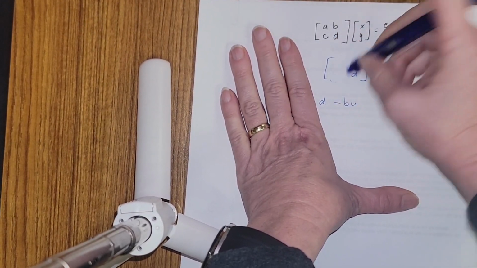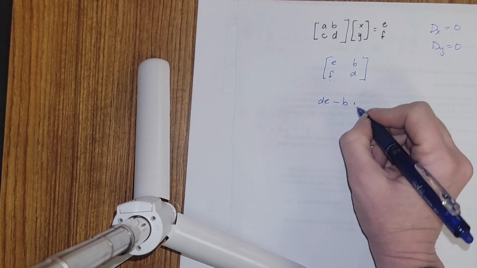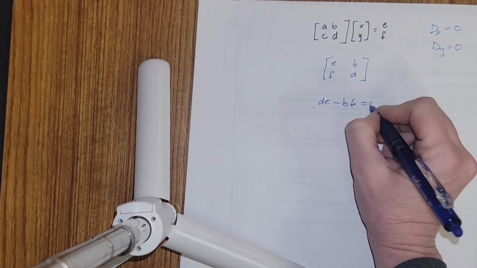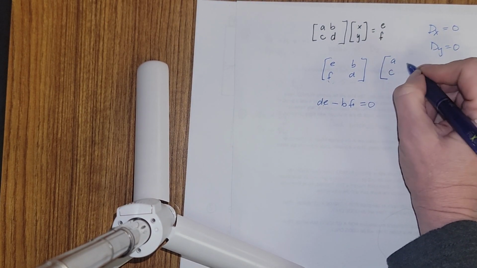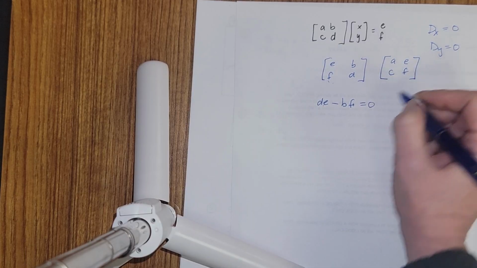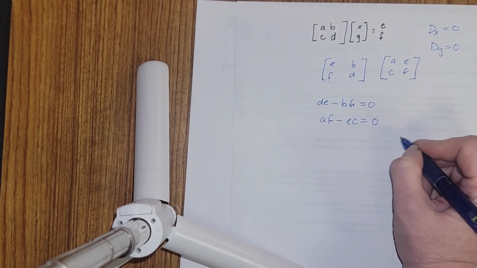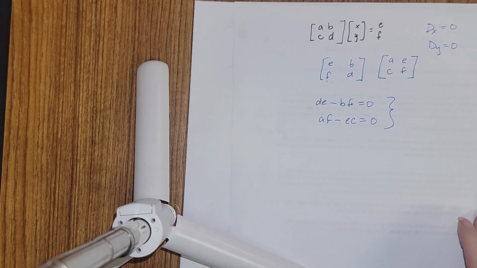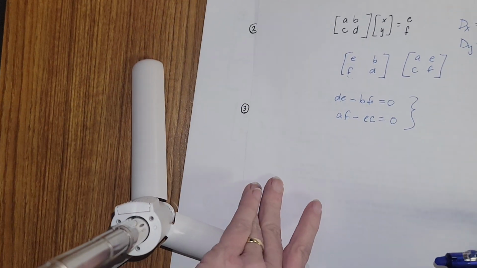I knew that didn't look right. So DE minus BF needs to equal 0, and also AF minus EC needs to equal 0. If both of those equal 0, then it is infinitely many. So I think the answer to number 1 is true.